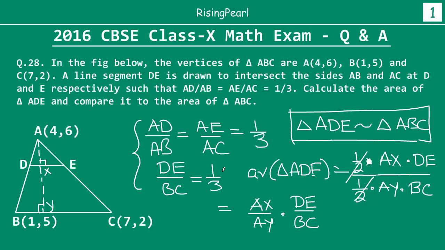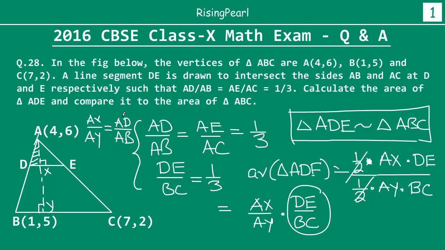Now DE by BC is 1 by 3. So this ratio is 1 by 3. Similarly, if we take a look at this smaller triangle, I'm going to shade this, that is ADX, and the triangle ABY. We can show these two triangles, ADX and ABY, are similar, and from there we can say that AX by AY will be equal to AD by AB.